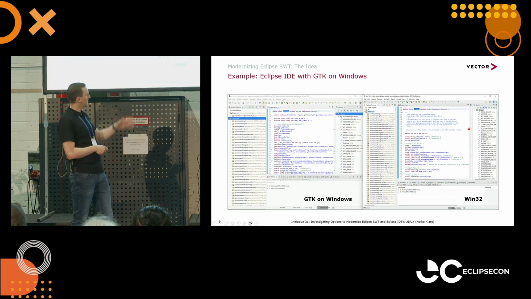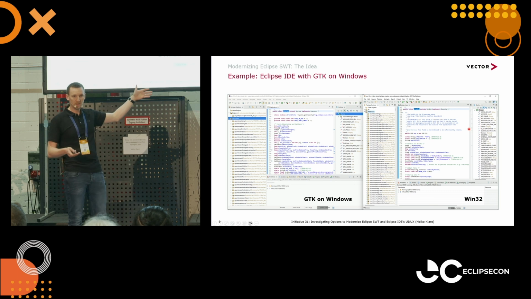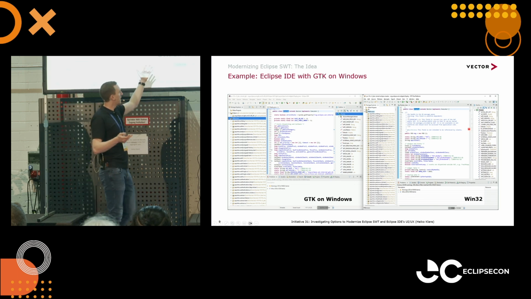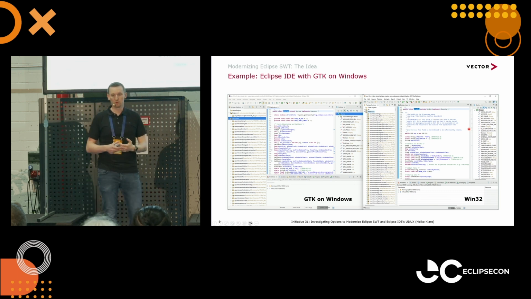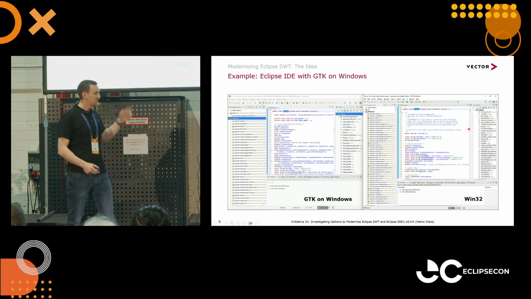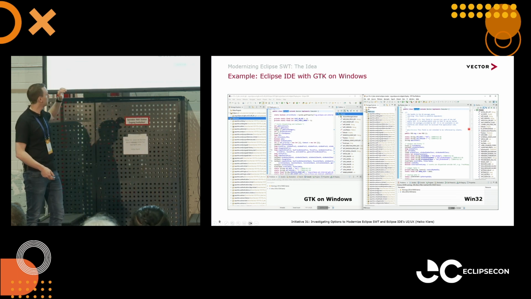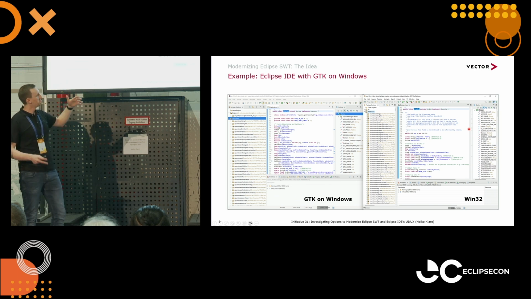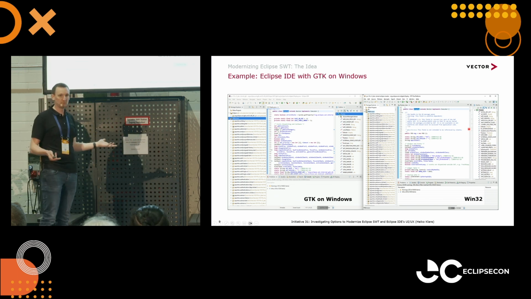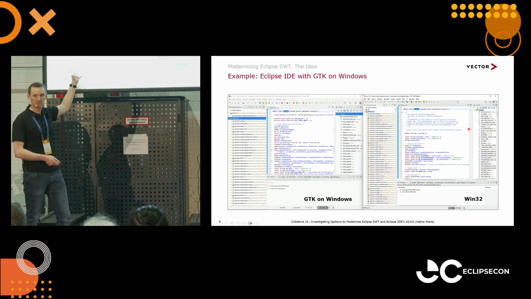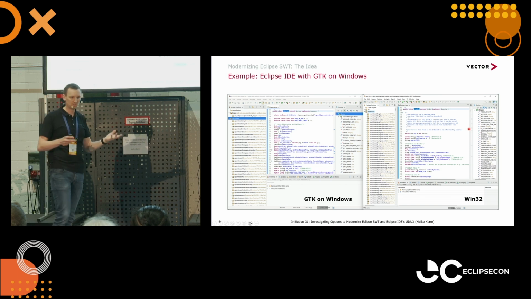What you see here on the right side is the Win32-based Eclipse IDE. That's how it looks when you start your Eclipse IDE on Windows. On the left side, you see one that is based on GTK. So this now runs the GTK library on Windows. You see that most things look the same. You see slight differences because, for example, the margins and the spacing in the widgets are a bit different.